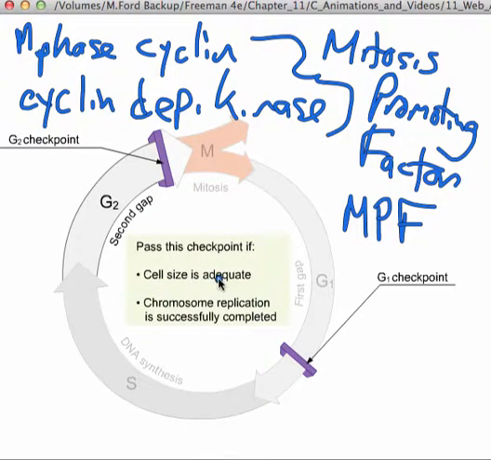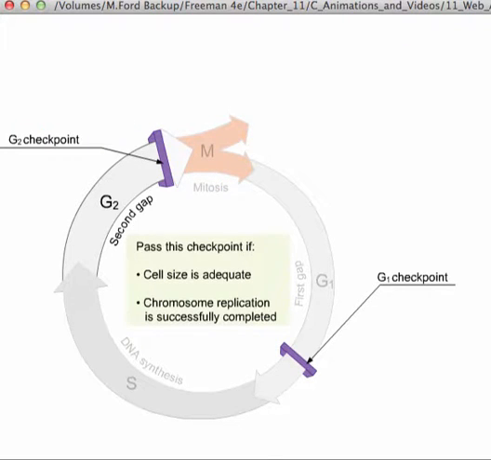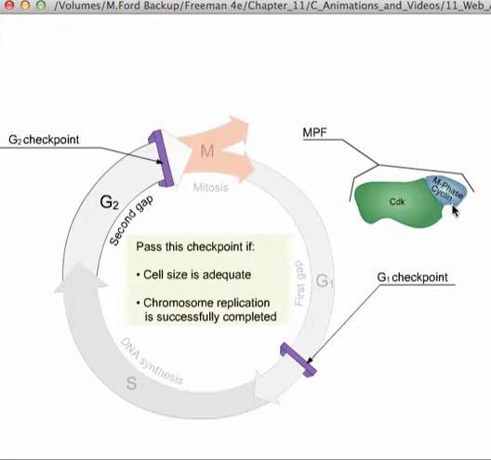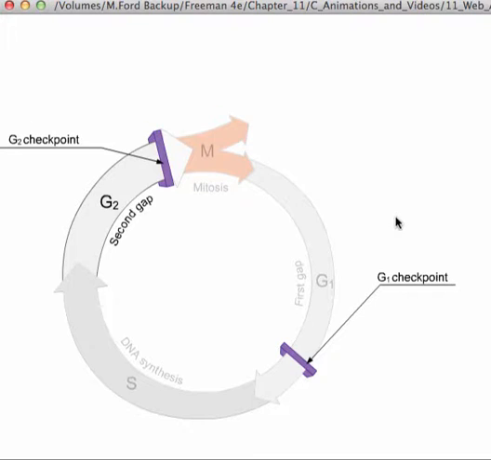So cell size is adequate if your chromosome replication has been successful, and if you form this complex, you can progress from G2 phase into mitosis. Okay, so those are the two checkpoints. For the second one, you form your mitosis promoting factor, your M phase cyclin and your cyclin-dependent kinase, and again, that can initiate the series of events leading to mitosis.